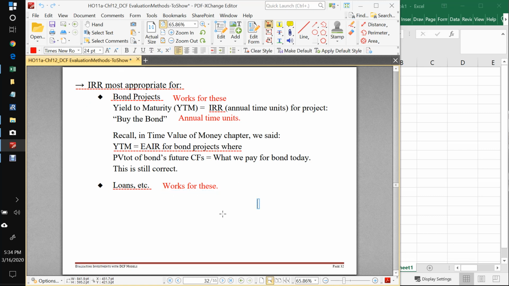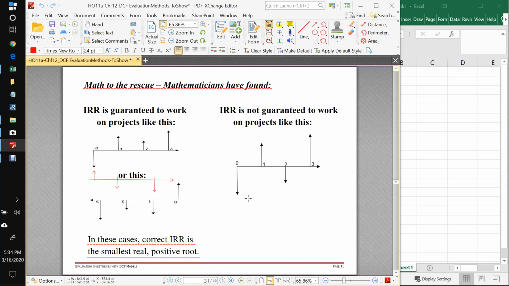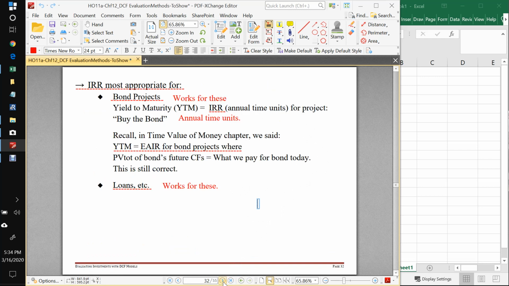It does work for a very, very big class of problems, right? Bonds, loans, things like that. But we cannot use it for general cases like this. This would be a good real estate development cash flow diagram. You put in some money now, you get some money back when phase one is done, you put in more money to develop phase two, and then you get more money back when phase two is done. This type of thing happens in real estate development all the time.